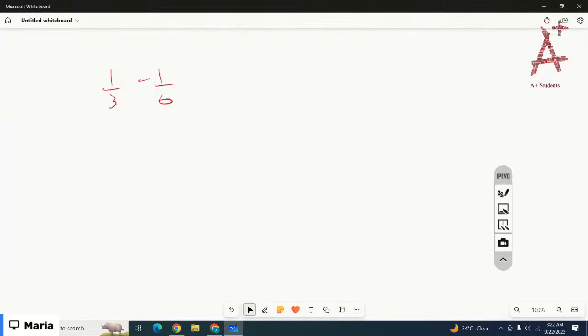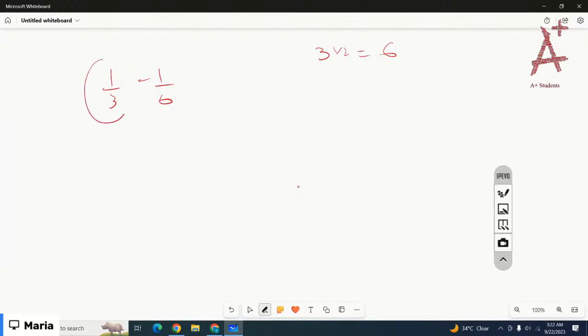What now, Priyan? The smaller denominator is 3 and the greater one is 6. 3 times what number makes 6? 3 times 2 makes 6, right?